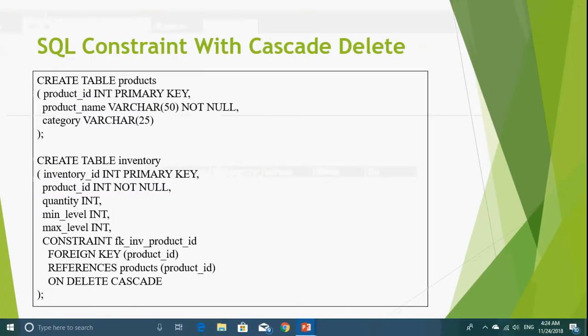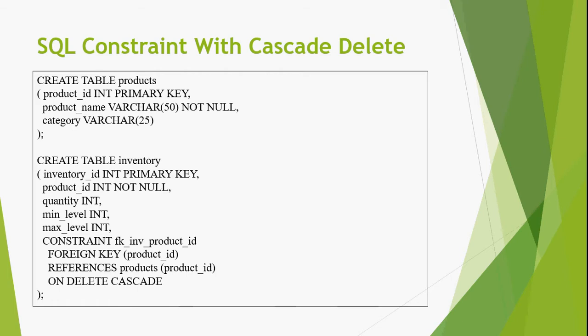And how can we keep this foreign key? So such as like constraint, and we can declare a constraint fk inv product id, and with this kind of condition, foreign key product id reference product id.